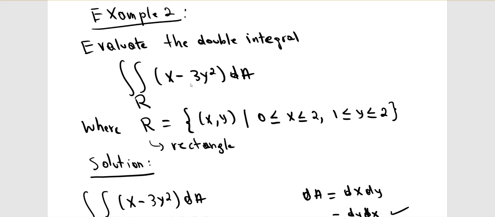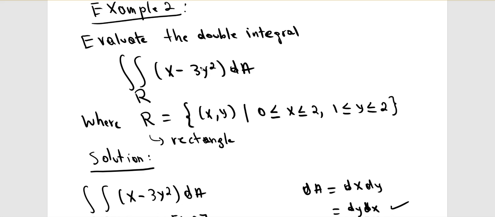This is the function of two variables, f of x y, and you want to double integrate over R, and R is given as such. R is the set of all x y such that x is between 0 and 2, and y is between 1 and 2.